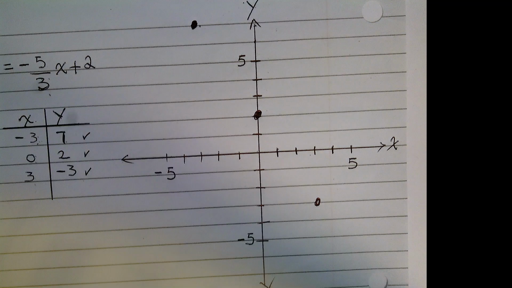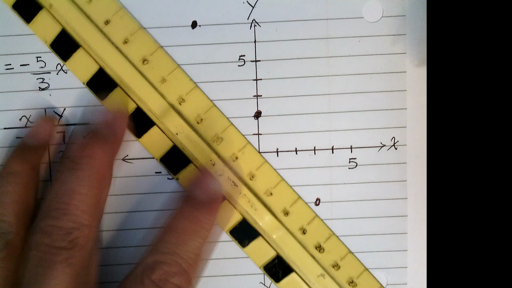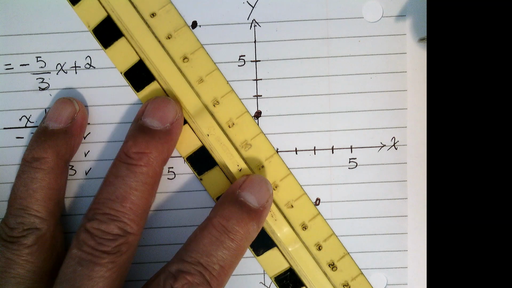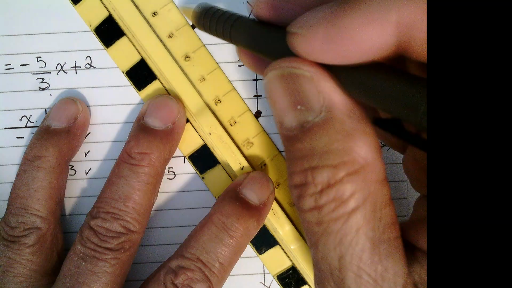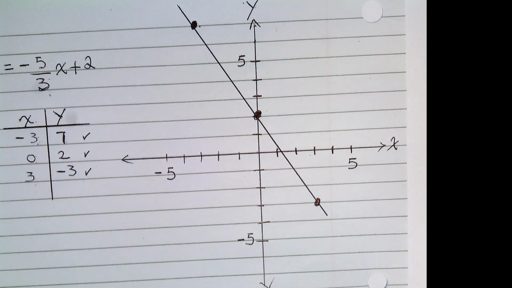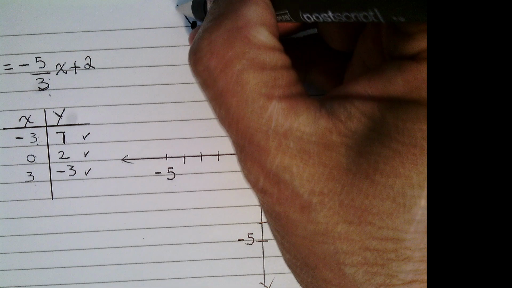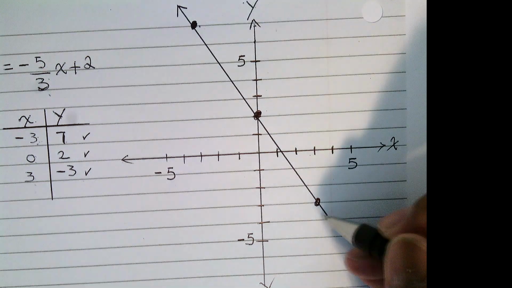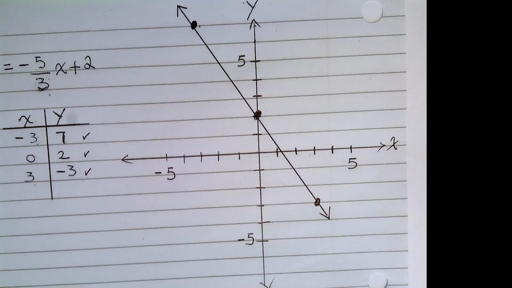So after that, draw a line which will pass through these 3 points. Put arrows on both ends, telling people this line will carry on forever.